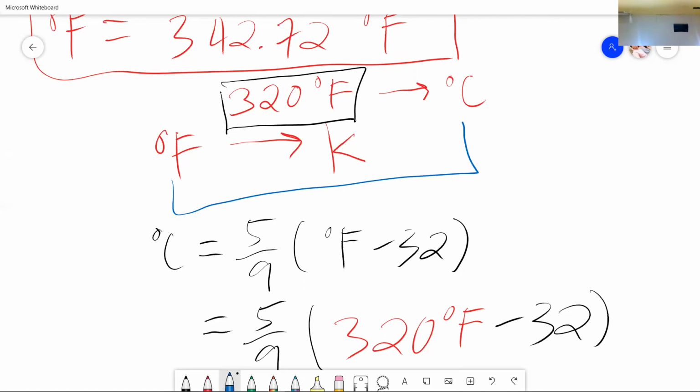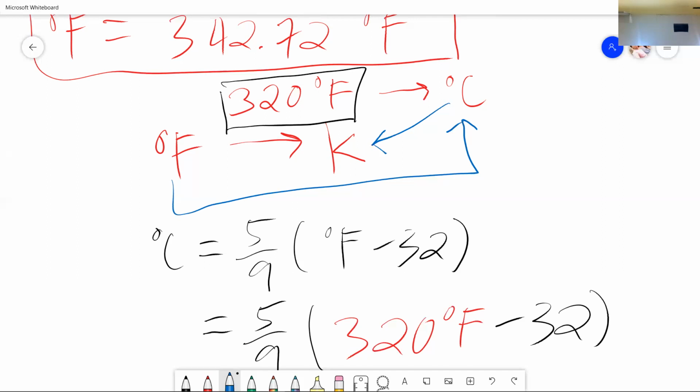From degree Celsius, we can then convert to Kelvin. If you're asked to solve from degree Fahrenheit to Kelvin, you first convert degree Fahrenheit to degree Celsius, and then you can proceed from degree Celsius to Kelvin.